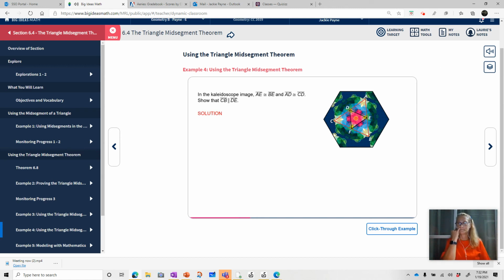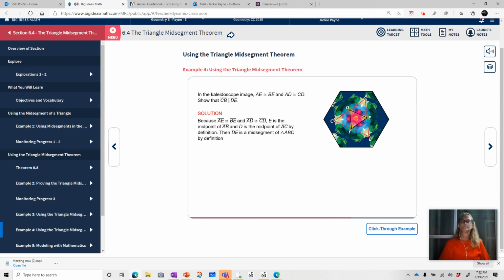Solution. You are given segment AE is congruent to segment BE, and segment AD is congruent to segment CD. Because of that, E is the midpoint of segment AB, and D is the midpoint of segment AC by the definition of midpoint.